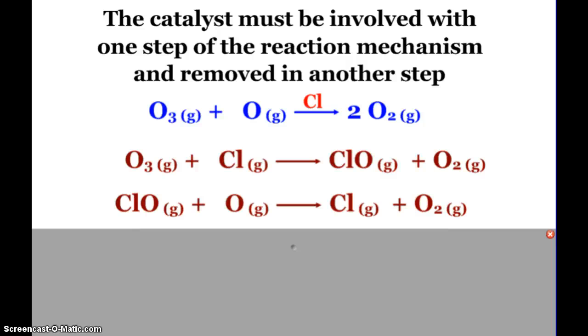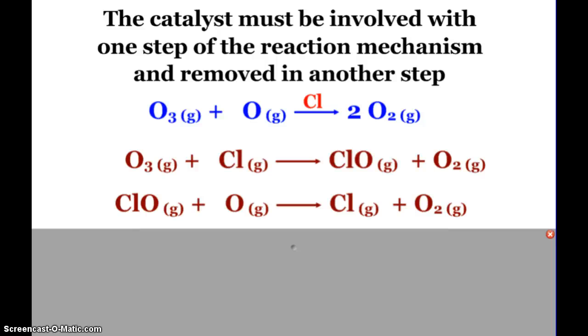Now, the important thing when we look at catalysts, and especially when we look at the mechanisms of a reaction, is that the catalyst is involved in one step of the reaction, and then it has to be removed in another step, meaning it goes in and comes out. And so here we see ozone reacting with a free oxygen atom.